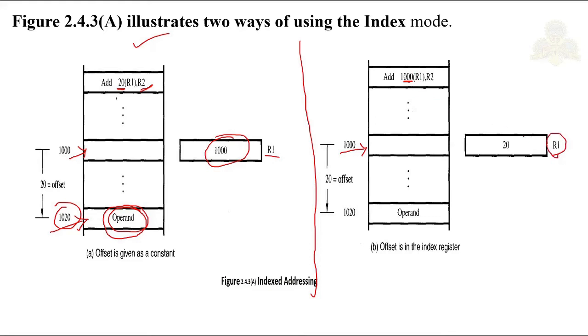What is the content of R1? It is 20. Now this 20 will be added to this location 1000. How much do you get? 1020. Again this is a memory location. The content of this memory location 1020 is read out and then added with R2. Getting it? So these are the two ways to represent the index mode.